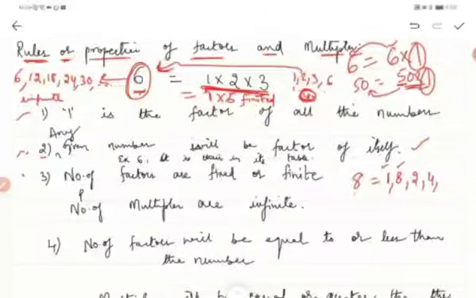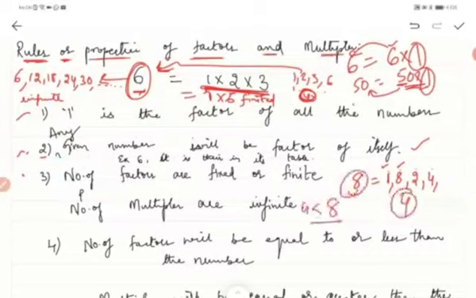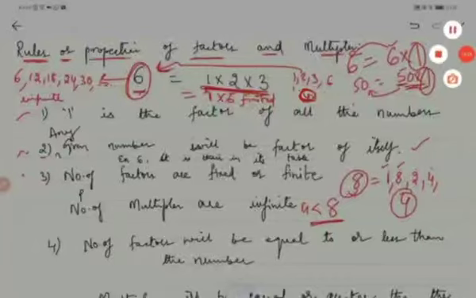Then 5 table, no. 6 table, no. 7, no. 8, yes. So you have how many factors? 1, 2, 3, 4. Either the factors will be equal to or less than the number. So we have 4 factors, which is less than this number. The number is 8, so 4 is less than 8, isn't it?